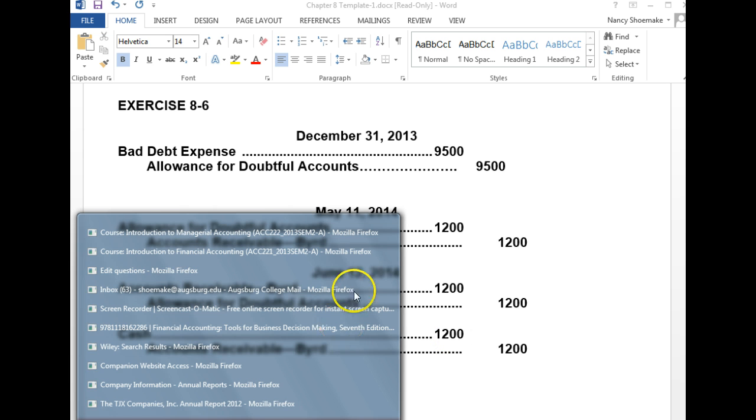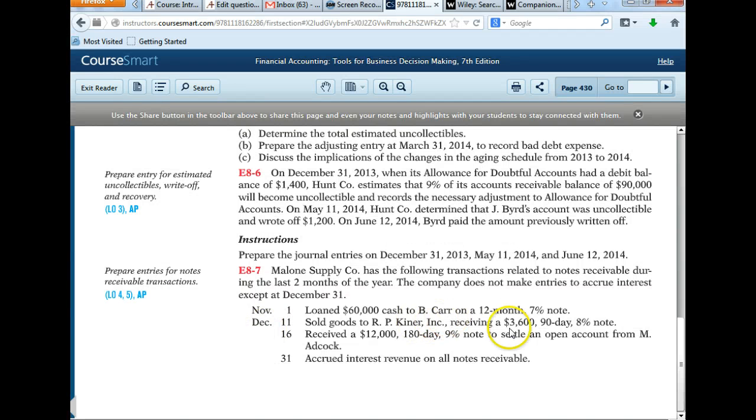Okay, now let's look at the next one. 8-7. Malone Supply Company has the following transactions related to notes receivable during the last 2 months of the year. The company does not make entries to accrue interest except on December 31st. So it loaned $60,000 of cash to B-Car on a 12-month 7% note.